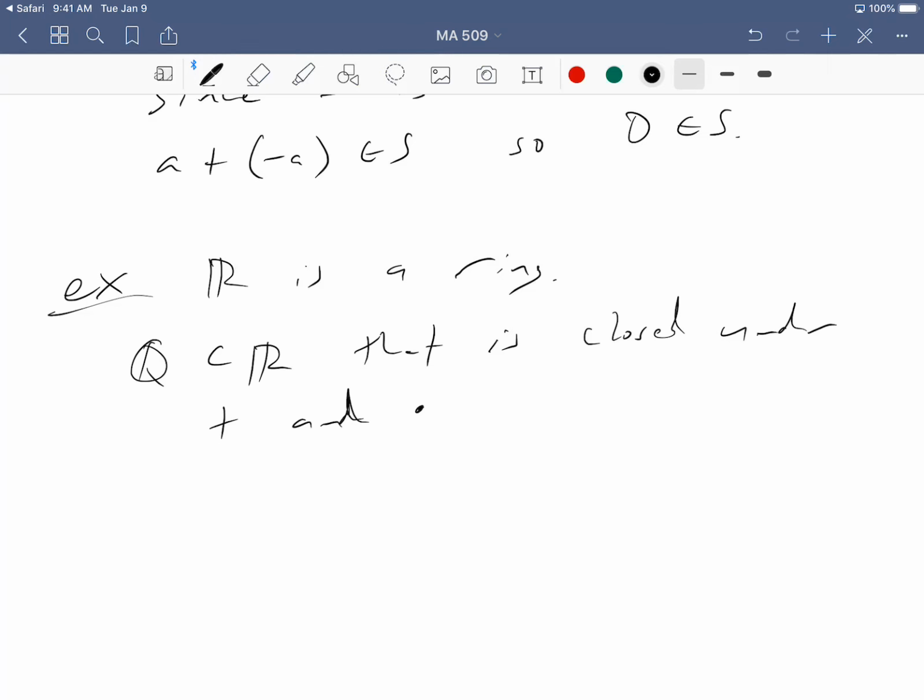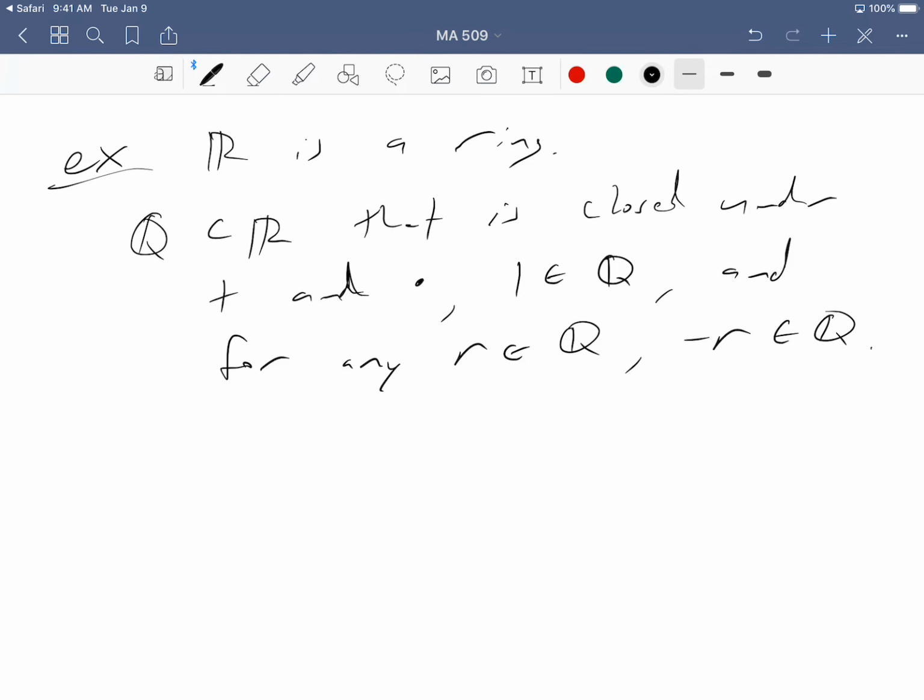If I add 2 rational numbers, I get a rational number, and if I multiply 2 rational numbers, I get a rational number. 1 is definitely a rational number, and for any rational number R in Q, minus R is also a rational number. Okay, so Q is a subring of R.